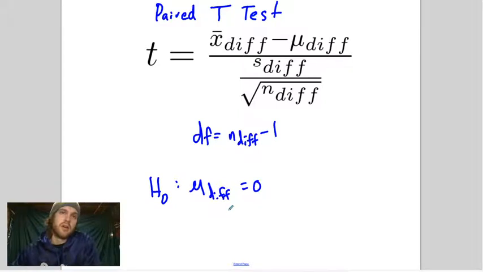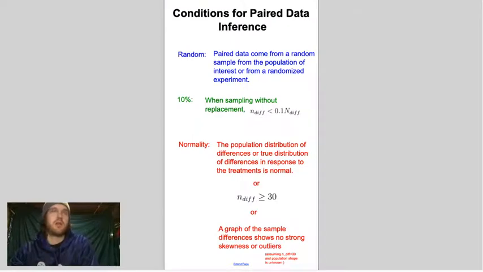Okay, let's keep going. So what I'm going to do is, rather than us do a lesson on confidence intervals and a lesson on significance tests, it makes more sense, I think, to just do them both at the same time. It turns out that the conditions that you have to check for them are the same either way, so it doesn't actually matter. And it's slightly different here. So paired data come from a random sample from the population of interest, or from a randomized experiment. So that's the same.